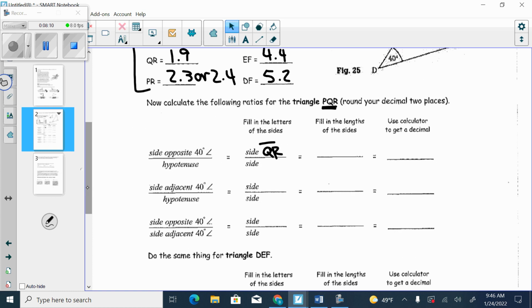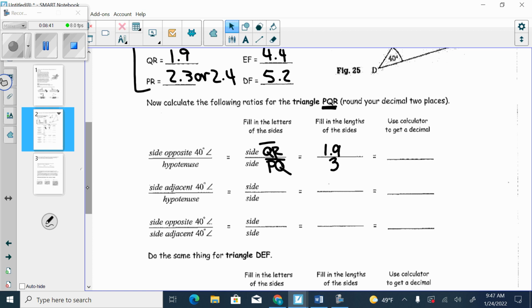All right, which side is the hypotenuse in this figure? PQ. And then for the side lengths, we said that QR was 1.9 or 2, whichever you wrote down, over side PQ, which we said was about 3.